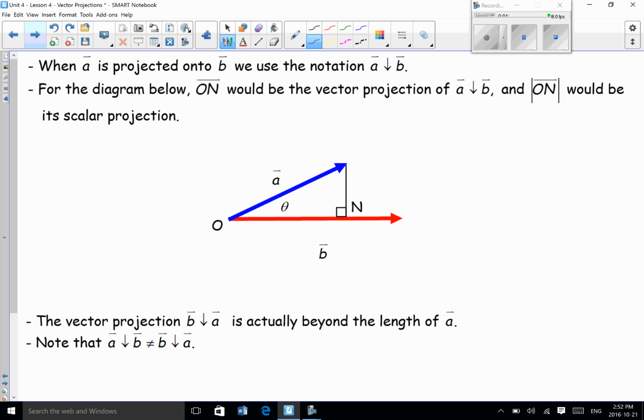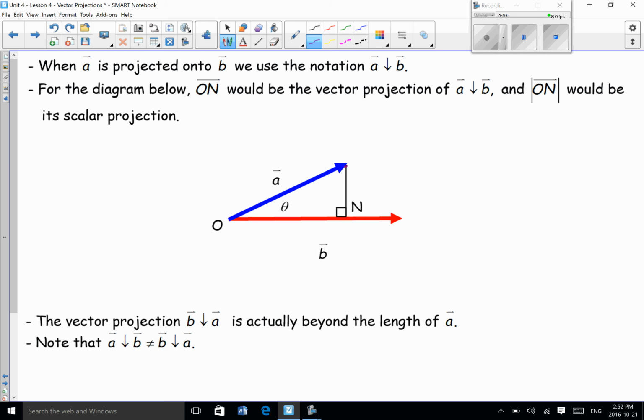Before we start with the math, a little bit of notation for you. When we project A onto B, that is when we drop A onto B, we use this downward pointing arrow, A onto B. And from our previous diagram, here's where the wagon would be right here. We can think of this as two geometric vectors with an angle between them.